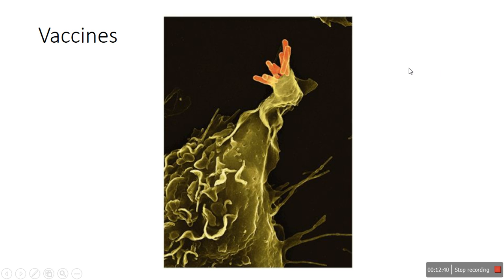In this image, a phagocyte is engulfing Mycobacterium bovis. This is the strain of bacterium used in the vaccination for TB, or tuberculosis. These bacteria are attenuated, which means they've been weakened, so they're nowhere near as pathogenic as the TB itself.